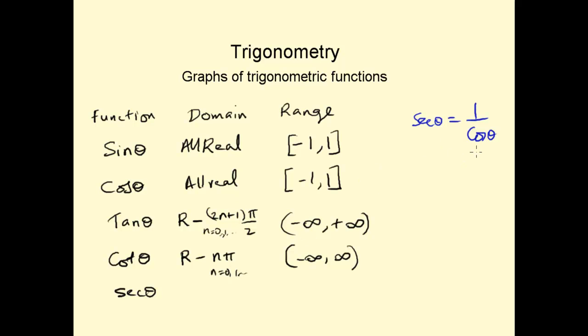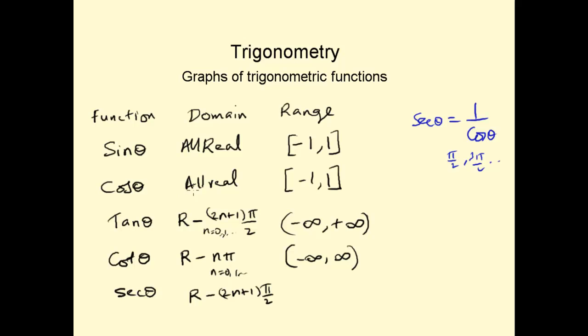So it cannot take any values pi by 2, 3 pi by 2, and so on, where cosine pi by 2 is 0, cosine 3 pi by 2 is 0. So the domain of secant theta is all real values except (2n plus 1) pi by 2, just like tan theta. And then how about the range?